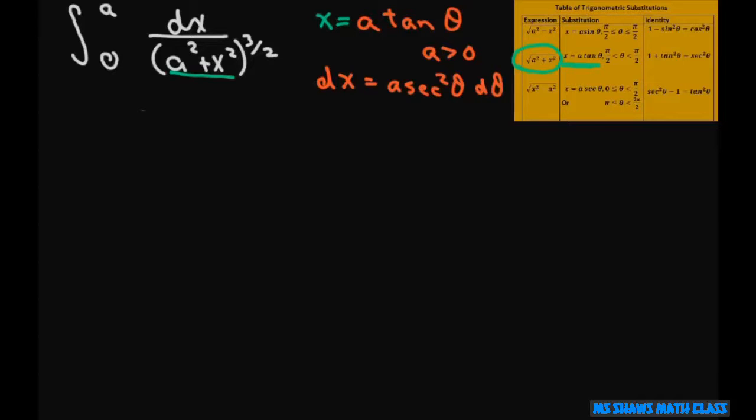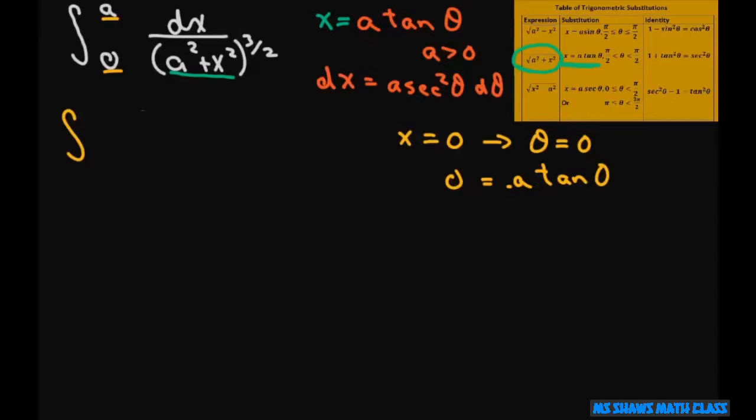Since we're doing this substitution, we want to change our bounds, so let's look at that. When x is 0, our theta is going to be 0, because 0 equals a tan of 0. Tan of 0 is 0.